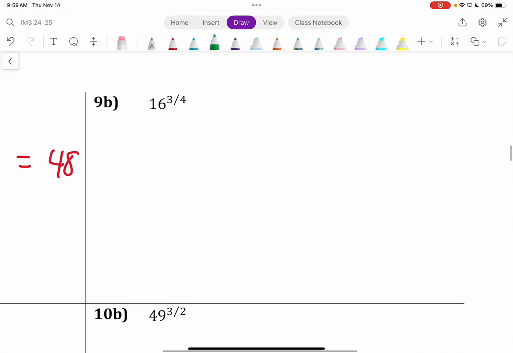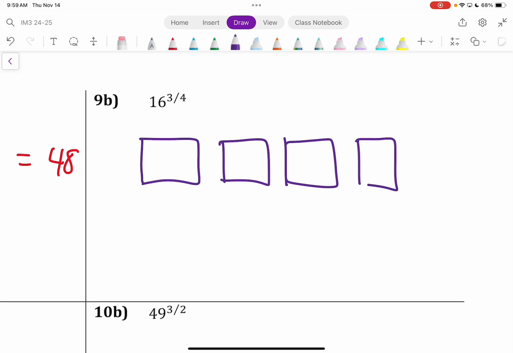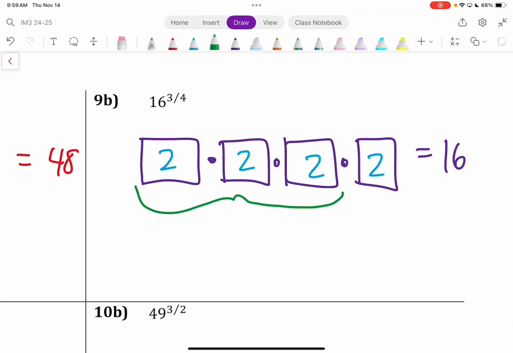Now let's do 16. I need 16 split into 4 groups. Now the operation is different. I'm not adding these, I'm multiplying them together. Which means I need 2 inside of each group. And how many groups do I want? 3. 2 times 2 times 2 is 8.